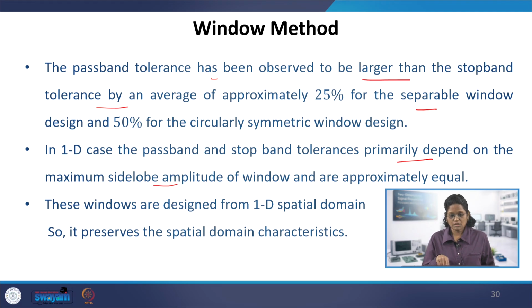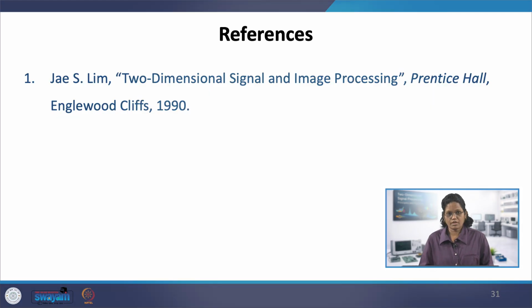So with this, we conclude with the design of the FIR filter using the window method, like the same procedure we follow in the 1D case: get the specification in the frequency domain and get the inverse Fourier transform to get the infinite coefficients, and truncate those coefficients by choosing the window function, multiplying the impulse response, the infinite coefficients, using the window function.